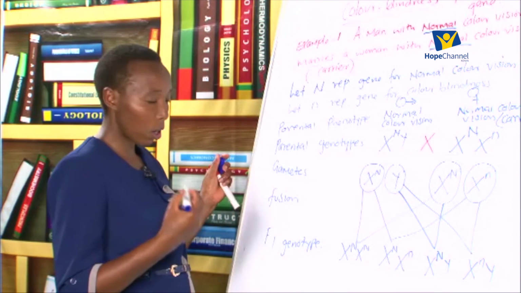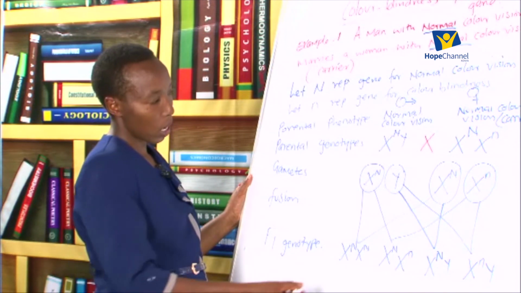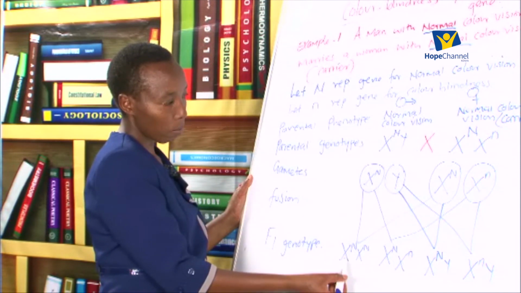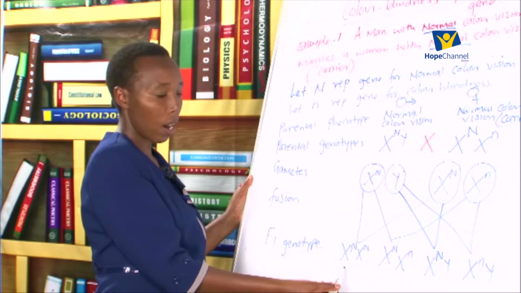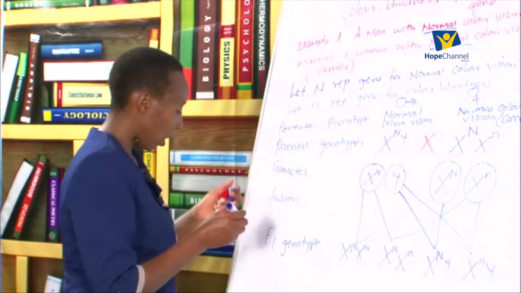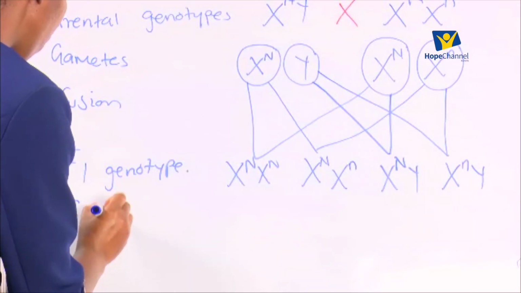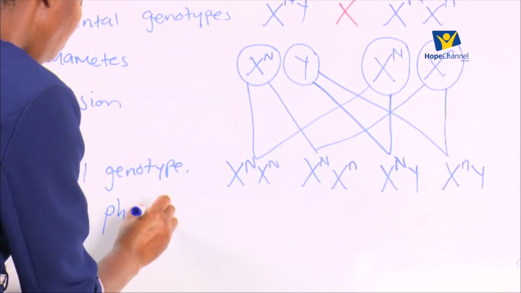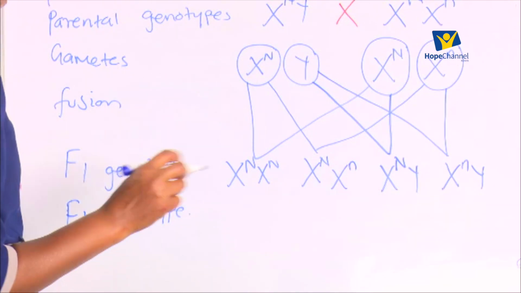That is the first filial generation, the genotype for the first offspring. So if you cross this X with the other one, you are going to have a girl. So we want to interpret the cross together. F1 phenotype, so that you compare with mine, you mark for yourself what you've done.